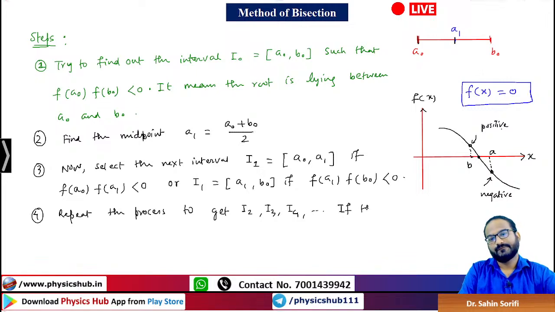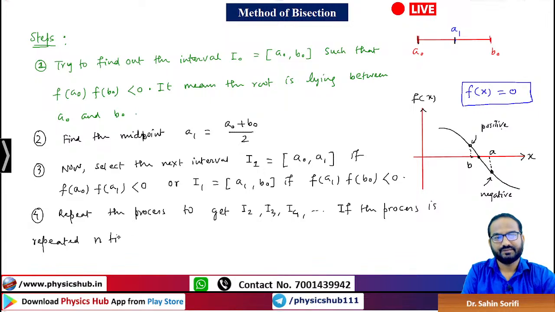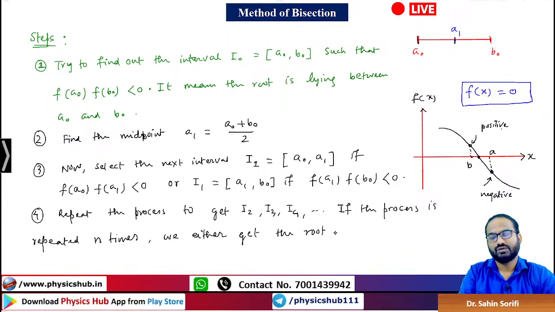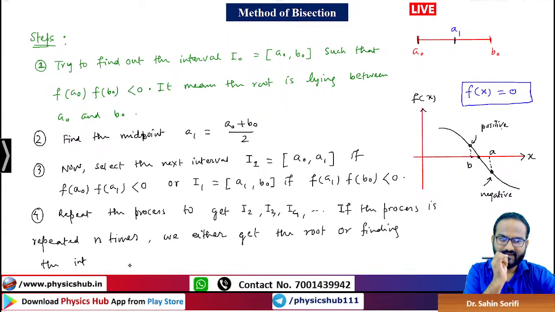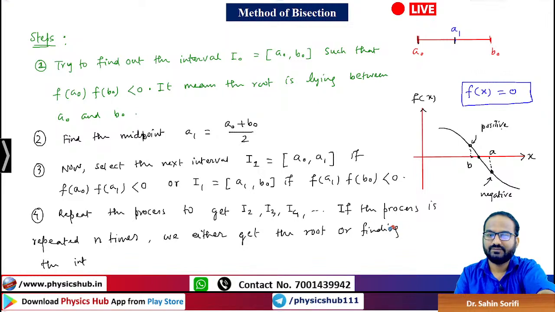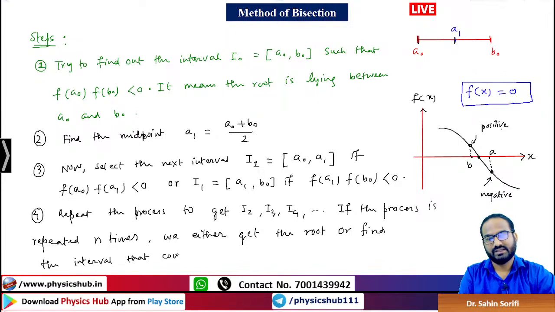So if the process is repeated n times, we either get the root, this is one possibility, or we find the interval that contains the root.